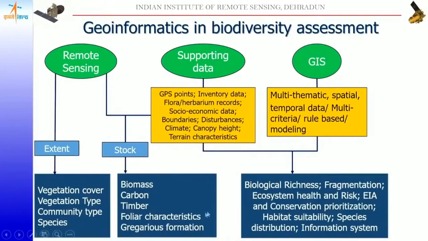We can derive biological richness maps, patterns, fragmentation, ecosystem health and risk, and it can be used in environmental impact assessment studies, prioritization of areas for conservation, habitat suitability of any species, distribution models, and developing the information system. So holistically, these three components, remote sensing, GPS or ground support data, and GIS, integrate all that information and generate products which are useful for assessing biodiversity.